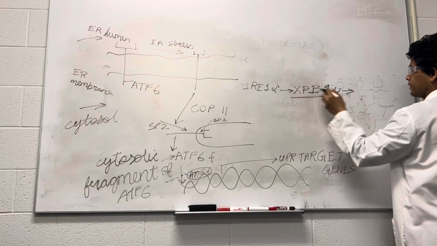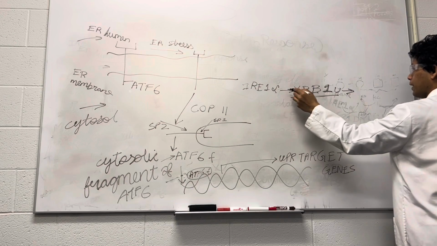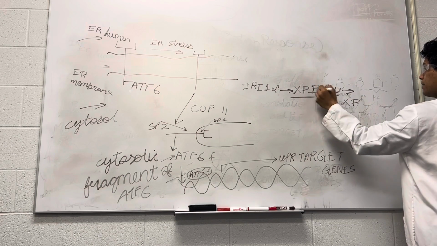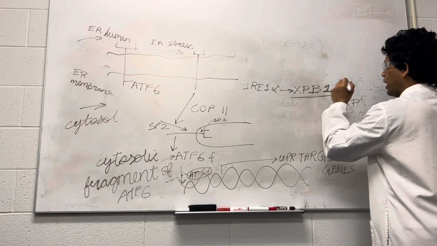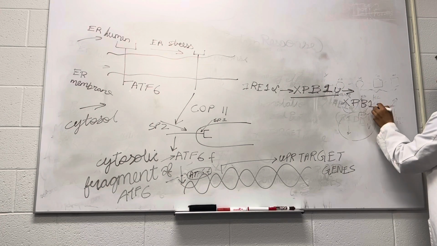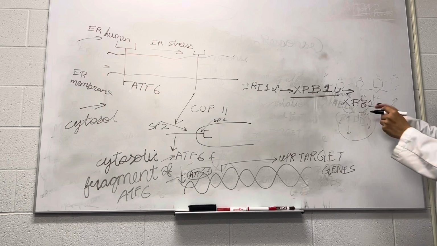In ER stress, IRE1 alpha will splice this unspliced mRNA, and it is usually called XBP1 spliced.